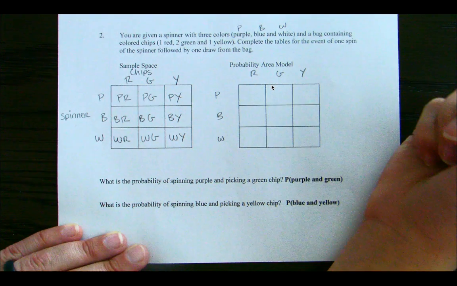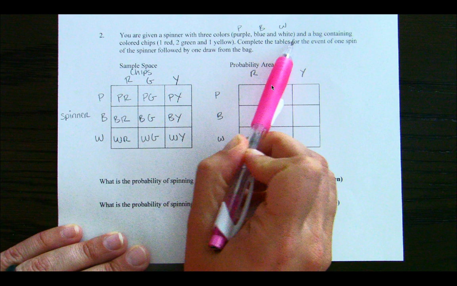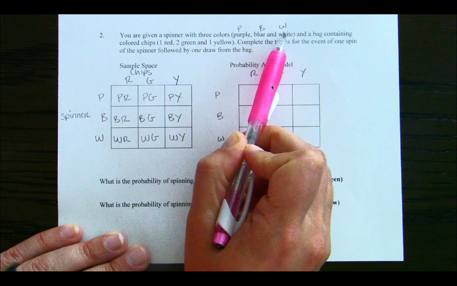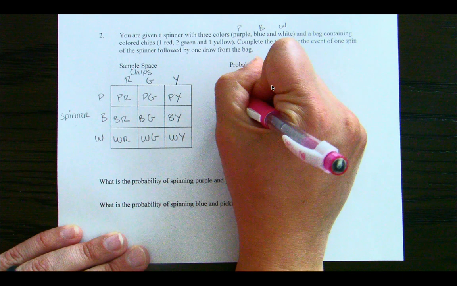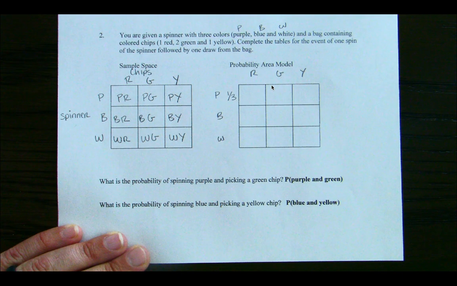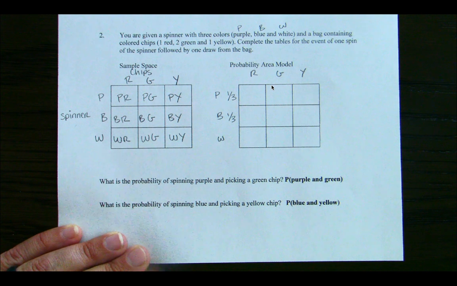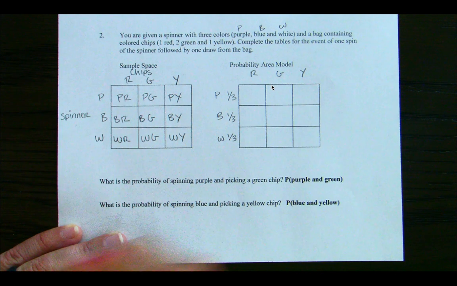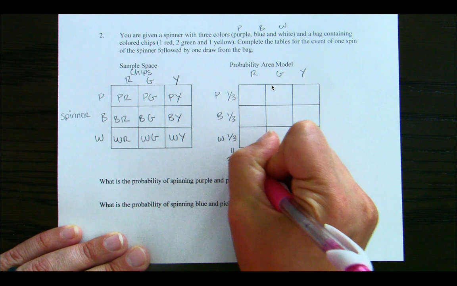The first thing we should note is that if I'm given a spinner with 3 colors, the likelihood of me spinning any of these is equal. So I have a 1 in 3 chance to spin purple, a 1 in 3 to spin blue, and a 1 in 3 to spin white. Notice that this adds up to 3 out of 3, which is 1.